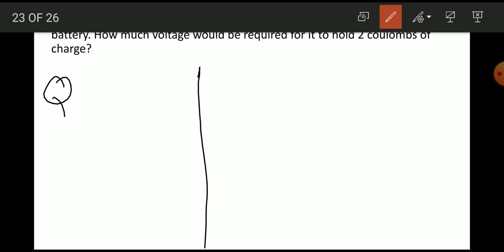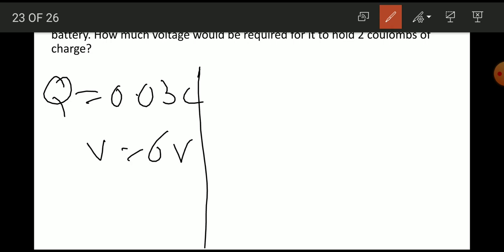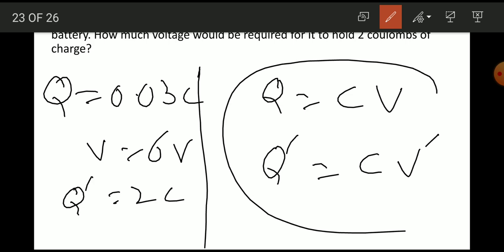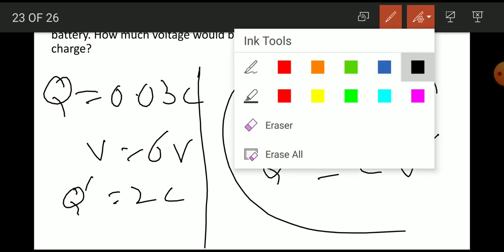Charge is 0.03 coulomb, voltage is 6 volt, Q prime is 2 coulomb. Now Q is equal to CV and Q prime is equal to CV prime. Voltage is different, charge is different. So compare these two equations.